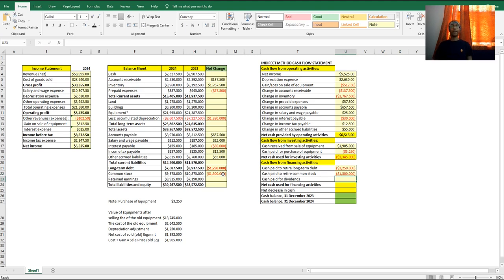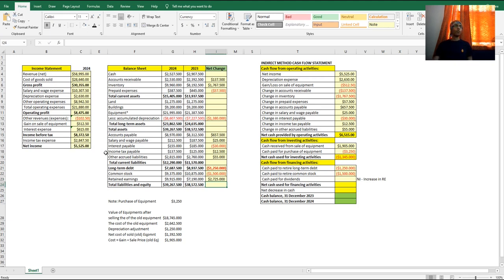Cash paid for dividends. Cash paid for dividends is basically net income minus increase in retained earnings for the period, right? So let us find out first if there is an increase in retained earnings. This is equal to 9915 minus 7190. Yes, there is an increase of 2725.